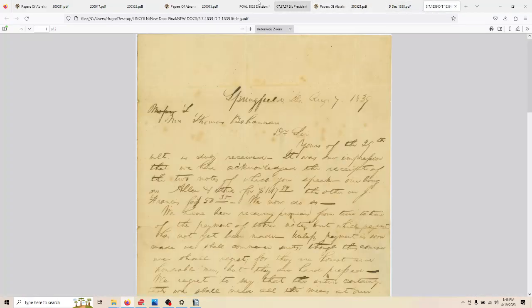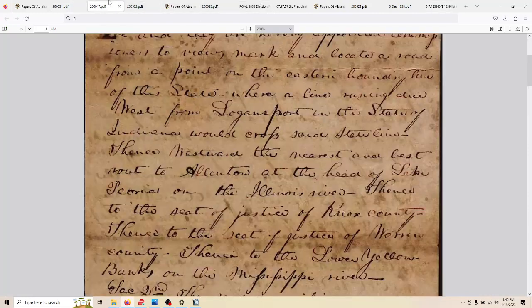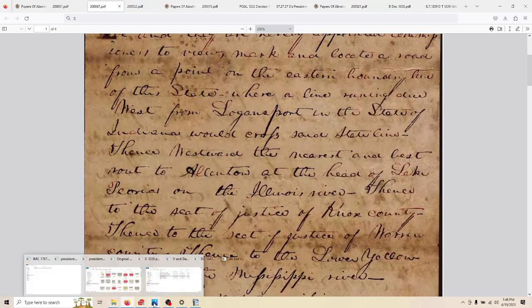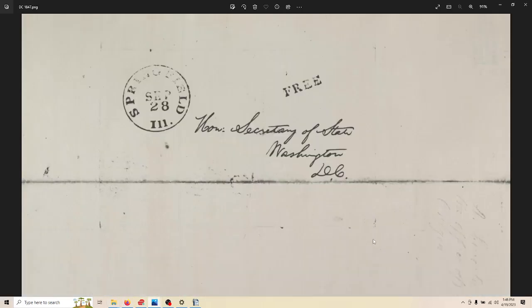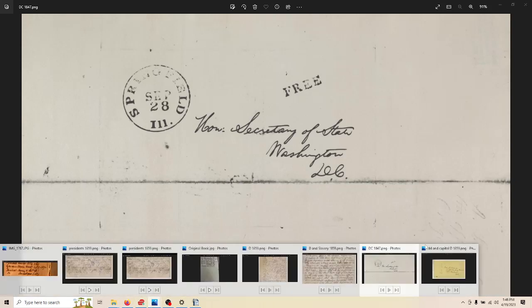But these are some of the samples that we have that you can see that have those D's in them. You see D, C, right? This is his handwriting, and how he attaches it to the top.